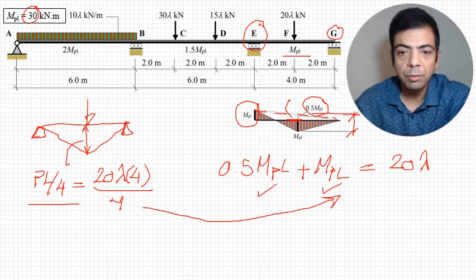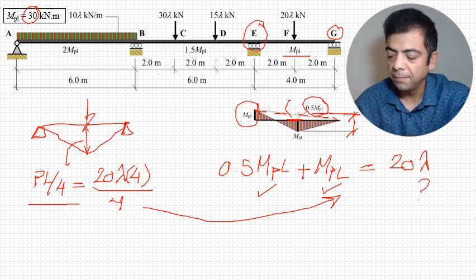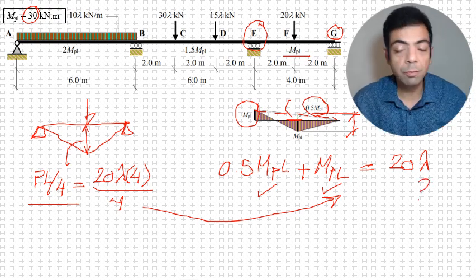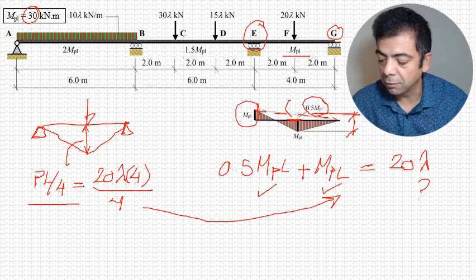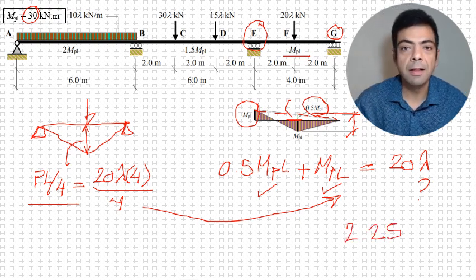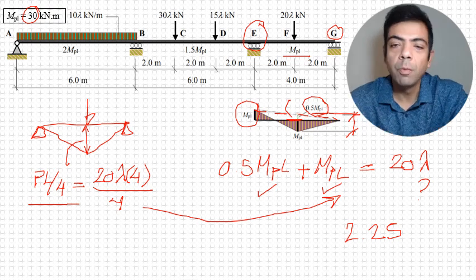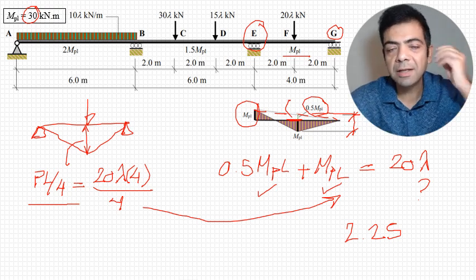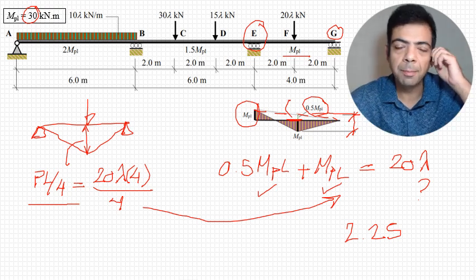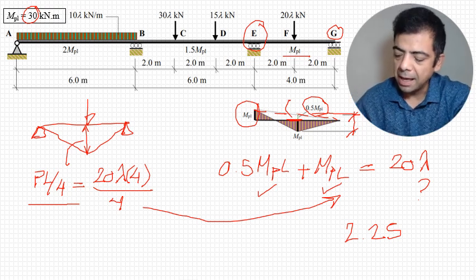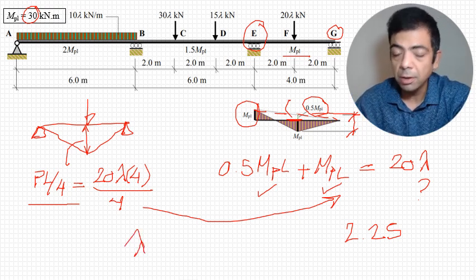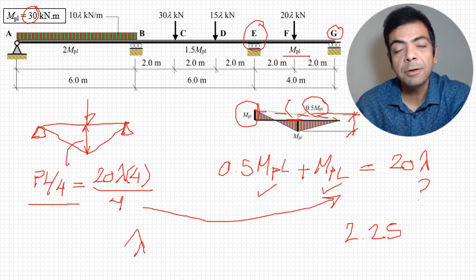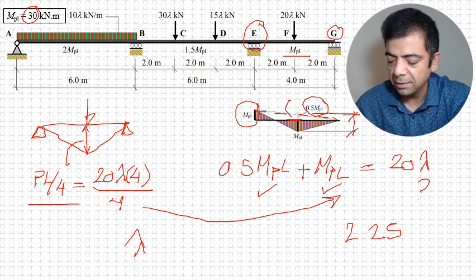The only remaining unknown is lambda, and when we do the math, we will get that lambda is 2.25. That's not the minimum. So we will go revisit each span and pick the minimum lambda. And in this case, the critical load factor that will cause collapse is 1.7.